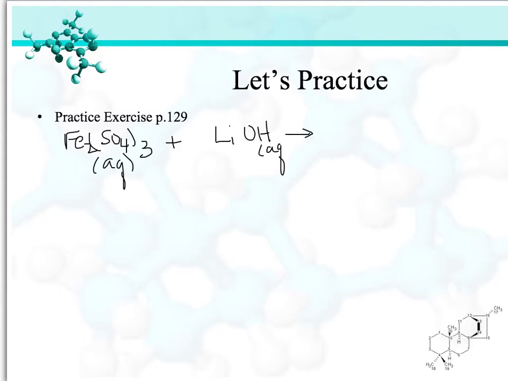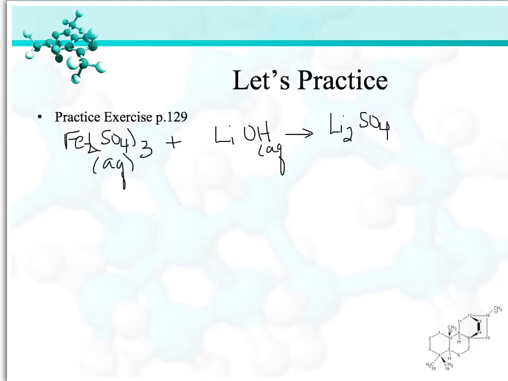And then the substances that are produced are Li2SO4. Oh, Mrs. Kovacs, why are you writing Li2SO4? Well, remember we'd have to look up what sulfate's charge is on the polyatomic ion list. Sulfate is -2. Lithium is +1 because it's in column 1. Remember this? And so then you would write Li2SO4.